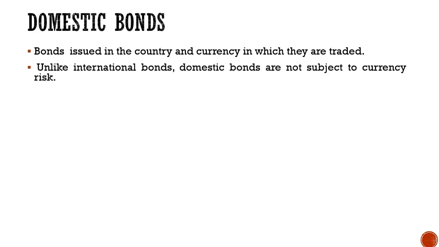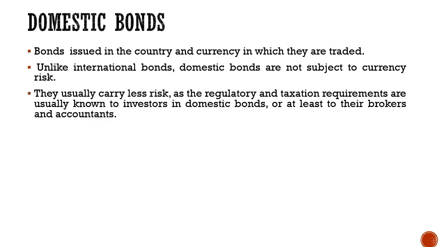Unlike international bonds, domestic bonds are not subjected to currency risk because there is no fluctuation in the currency, since bonds are issued in the same country and the currencies are also domestic currency. They usually carry less risk as the regulatory and taxation requirements are usually known to the investors in domestic bonds, or at least to their brokers and accountants.